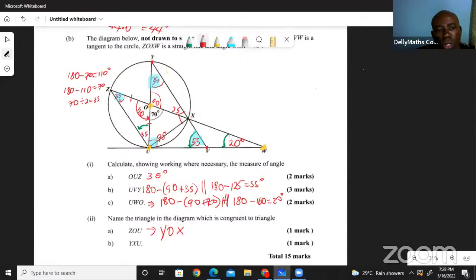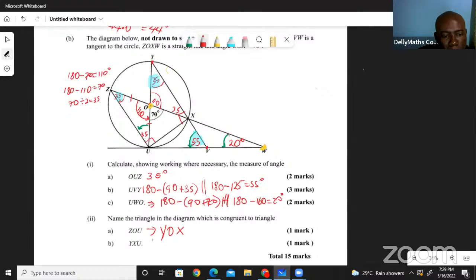YXU is the same as ZXU, identical twin, because there's a 90 degree here as well, a different 90 from the one you're looking at. I'm referring to this 90 degree here because this is a semicircle, and an angle in a semicircle is 90.